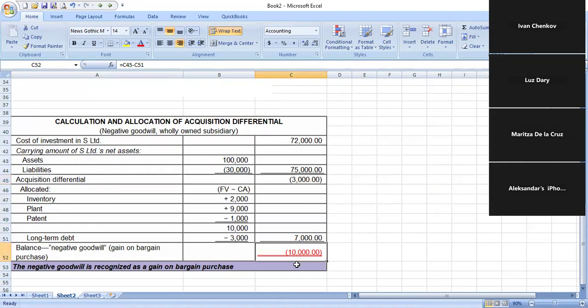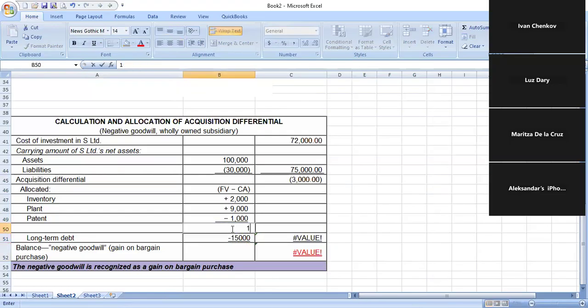Can I have a positive goodwill? Yes, if the long-term debt is increasing, not with minus 3, but let's say with minus 15,000, then my number here is going to be equal to 10,000 minus 15,000.